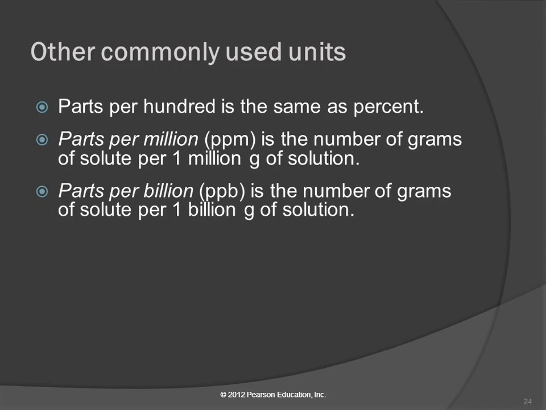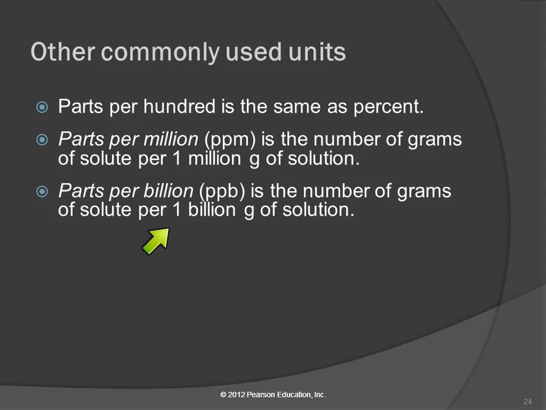Other units that are commonly used: parts per 100, that's actually the same as percent. Parts per million and parts per billion. These are related to percent, but instead of parts in 100 parts, parts per million, which is abbreviated ppm, is the number of grams of solute per 1 million grams of solution.